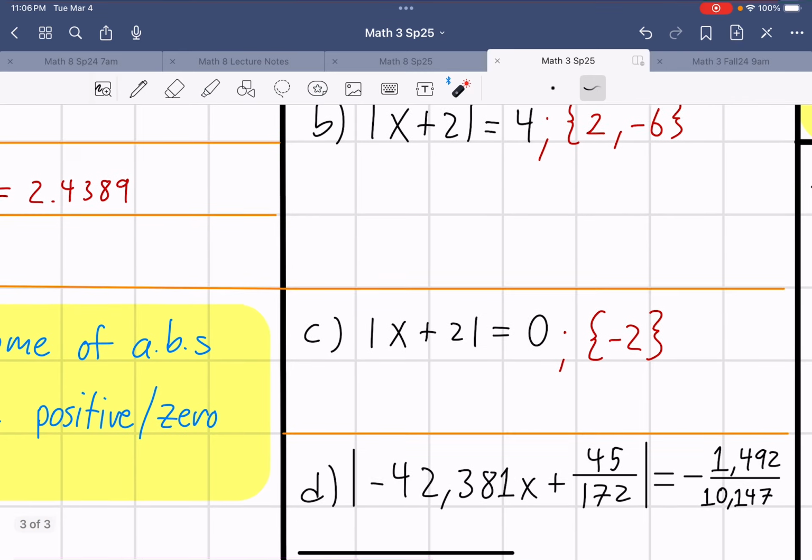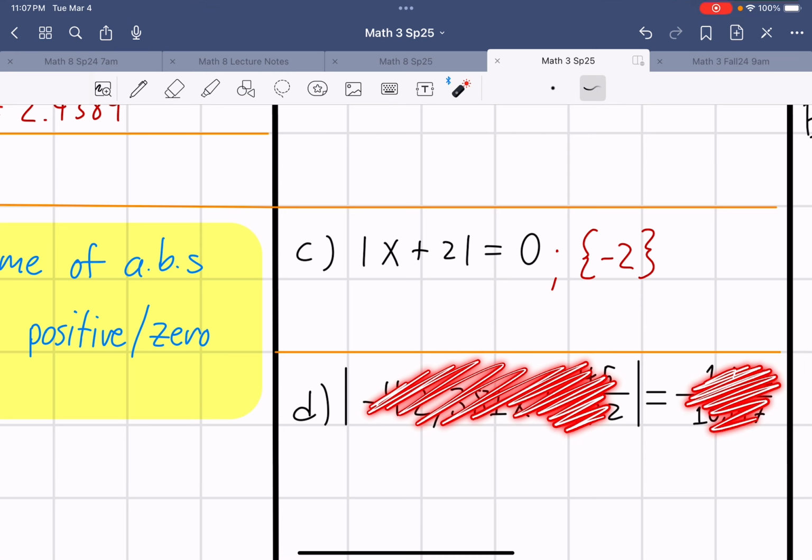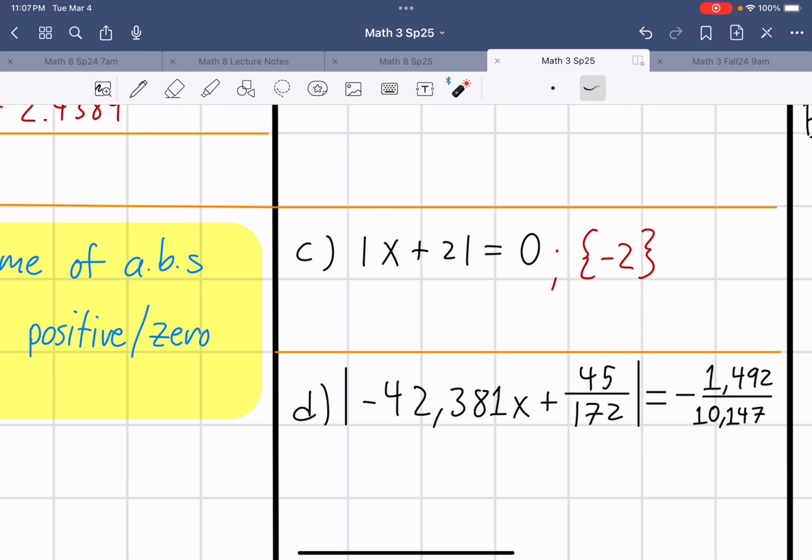For example, this, at first glance, might feel overwhelming. Negative, variables, ugly fractions. But if you can look past everything, past all these complicated numbers, and you can read the sentence, is that you are going to find a value of x that's going to be multiplied.